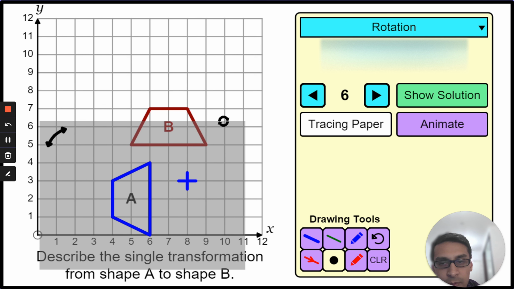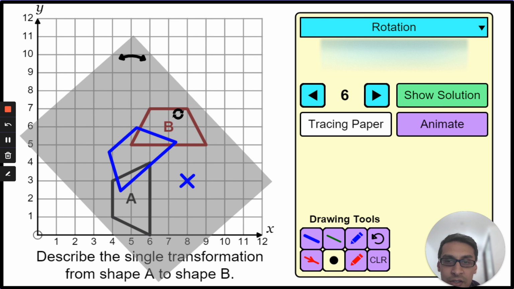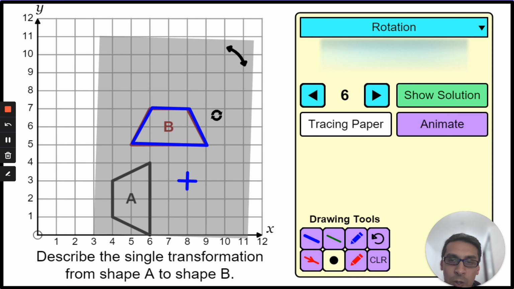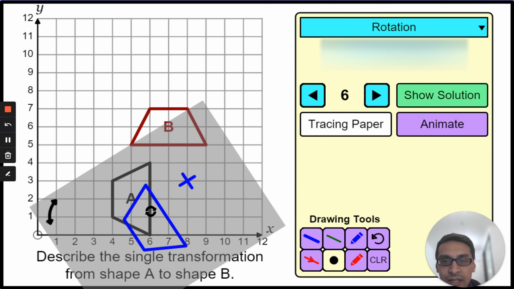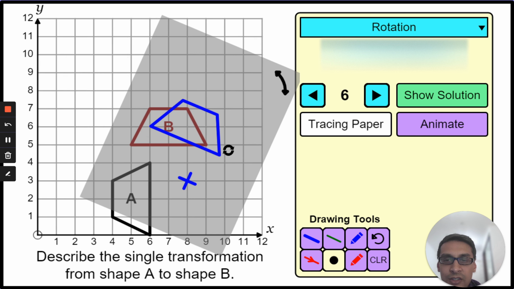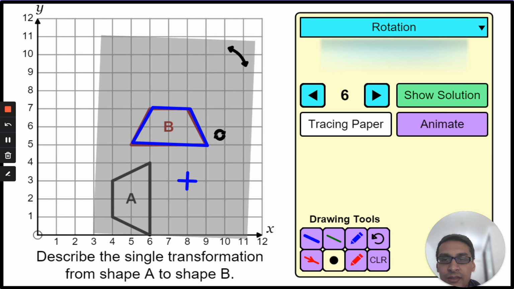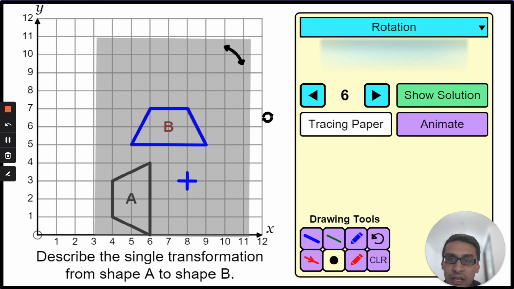You probably tried lots of different points around here, and maybe you were lucky and got it straight away. There are 2 potential answers here. You could go clockwise 90 degrees about 8, 3, or you can go anti-clockwise 270 degrees about 8, 3. That rotation point doesn't change, but whether you go clockwise or anti-clockwise will change your answer.